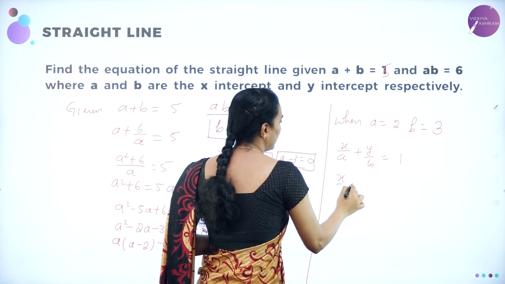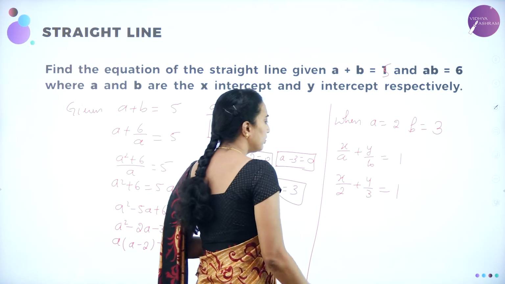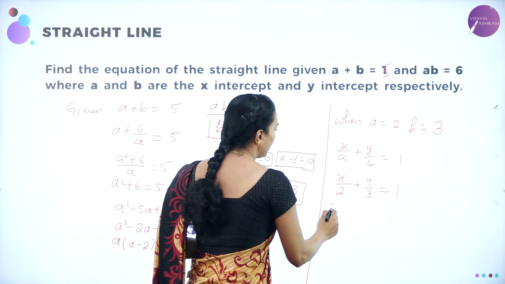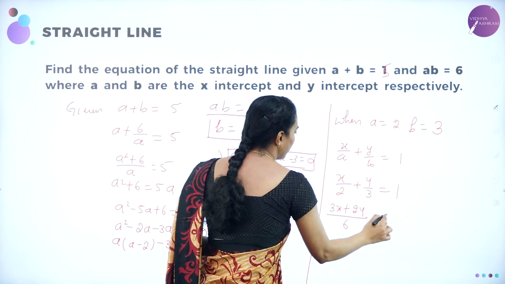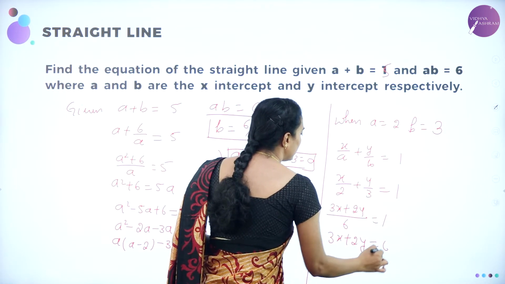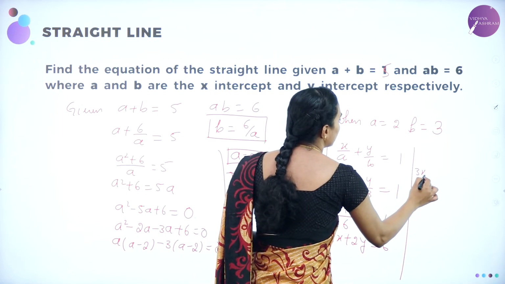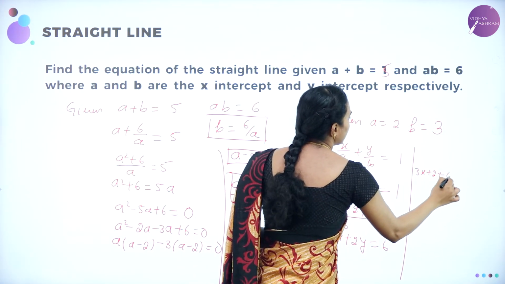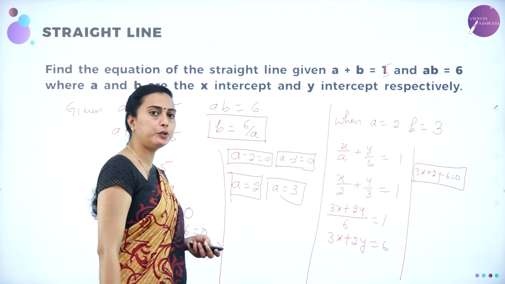So x divided by 2 plus y by 3 is equal to 1. So taking LCM, 3x plus 2y divided by 6 is equal to 1. Otherwise 3x plus 2y is equal to 6, or 3x plus 2y minus 6 equal to 0. This is the equation when a equal to 2, b equal to 3.